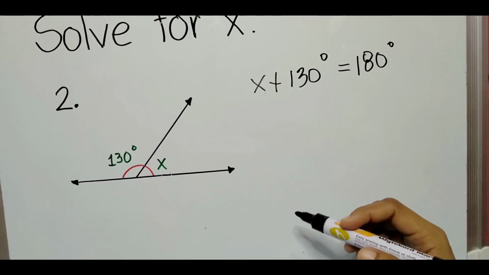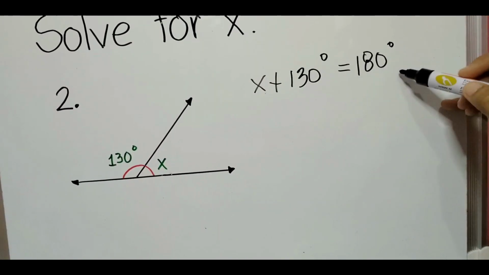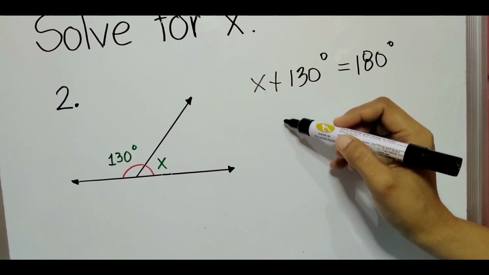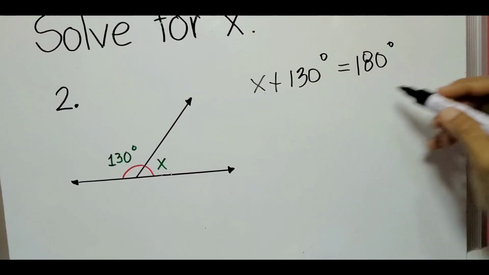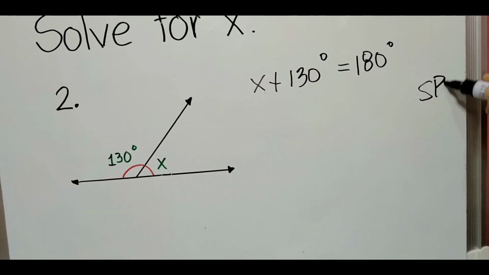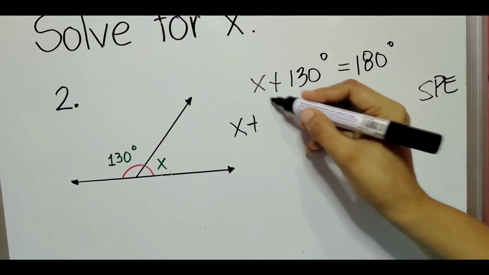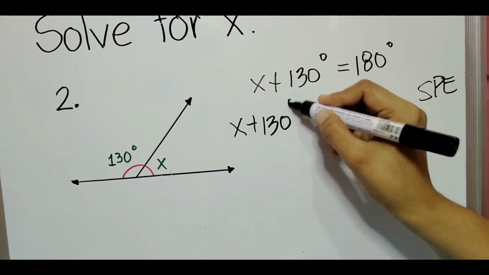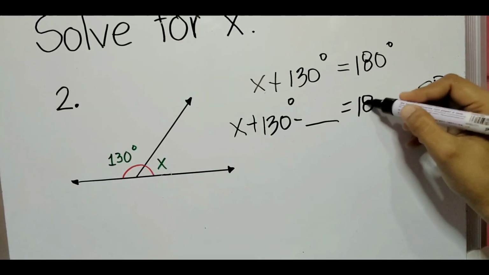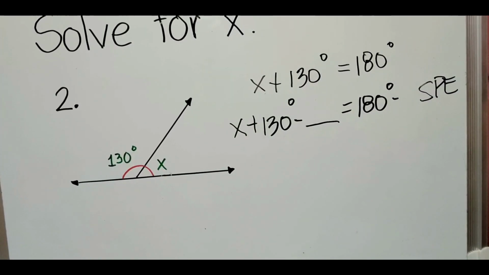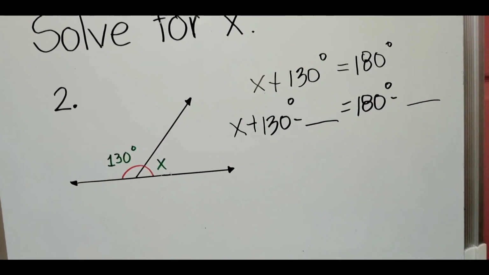To solve for x, we will combine all the numbers in this side of the equation, leaving x alone in this side. To do that, we will apply the subtraction property of equality. We copy x plus 130 degrees, subtracted by blank, and copy 180 degrees, minus, subtracted by blank.